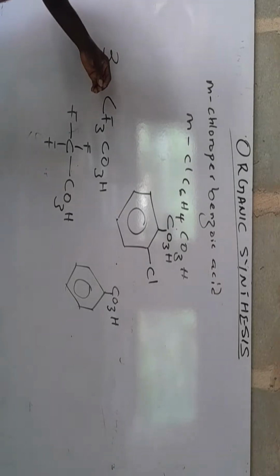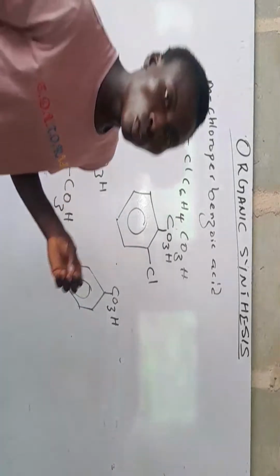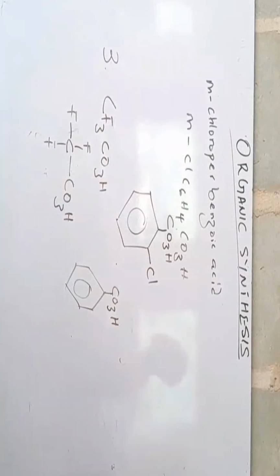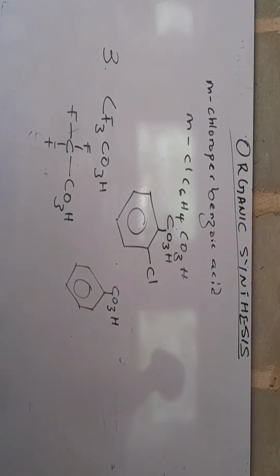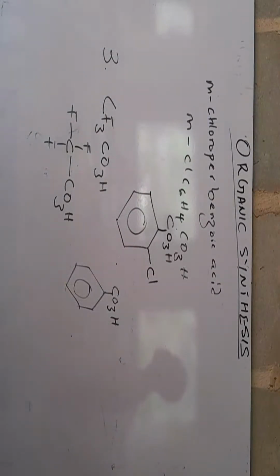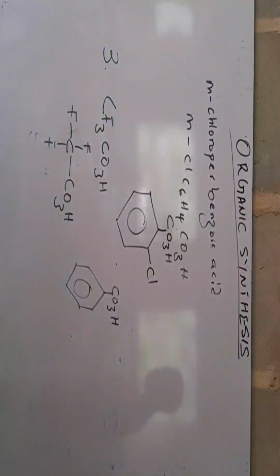So that means there's a possibility of ortho-chloro, and of para-chloro, but the one that we're using here is the meta-chloro. Okay, so m-chloroperbenzoic acid is another oxidizing agent that we have there.